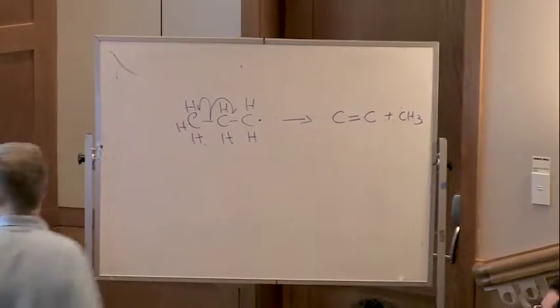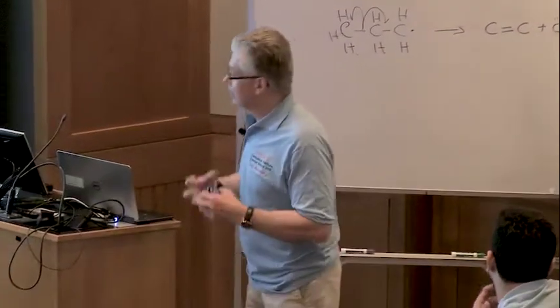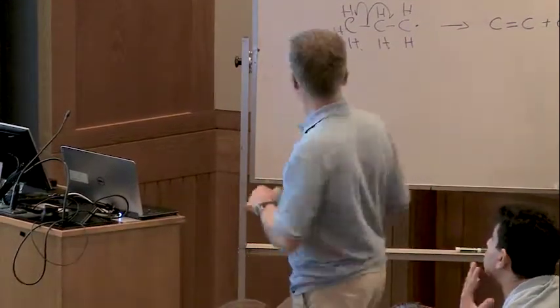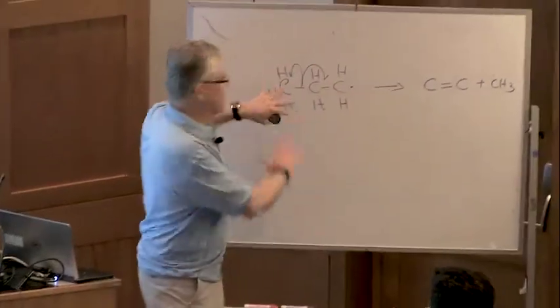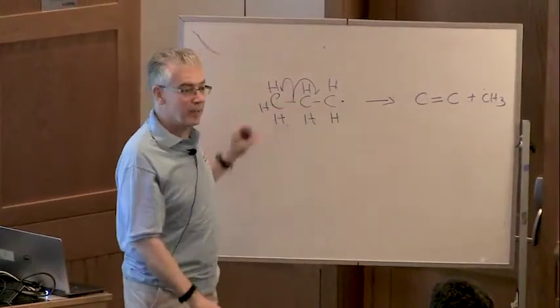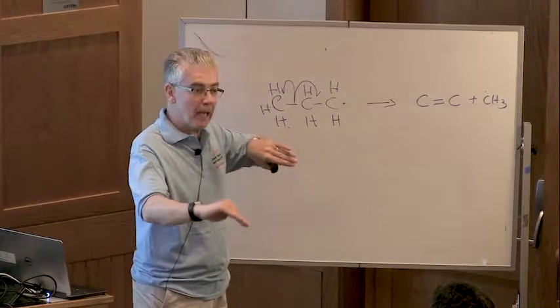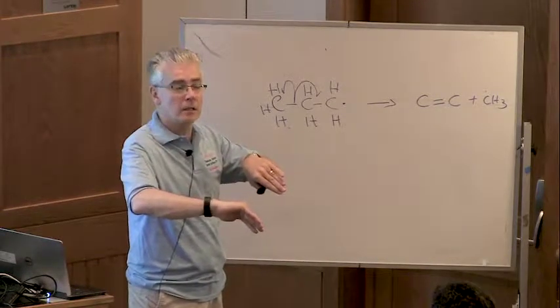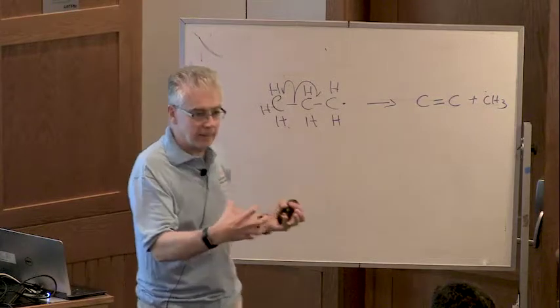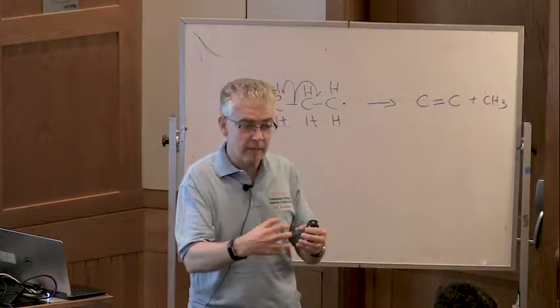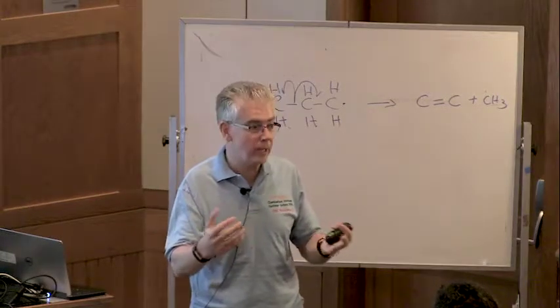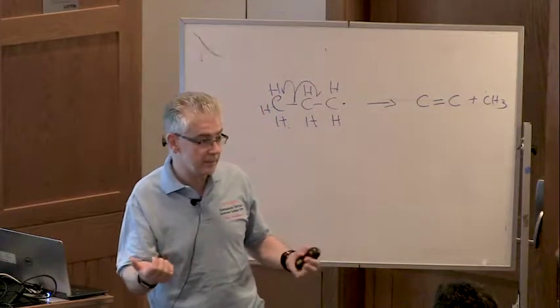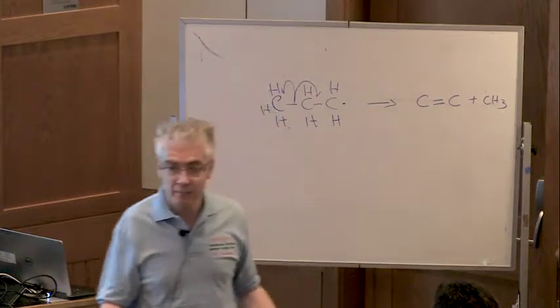Okay. So what happens is this carbon starts to move away from the other carbon. As it moves away, what happens? Yeah, there's a resistance. Okay, so you've got this model, the Hooke's law sort of thing, the spring model.